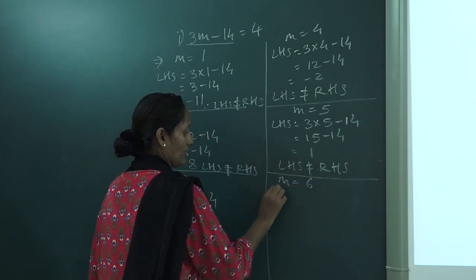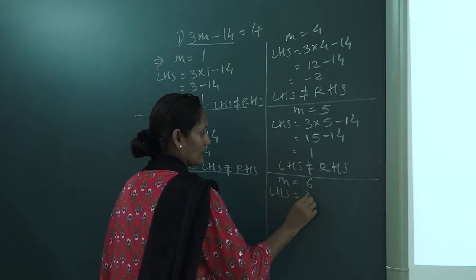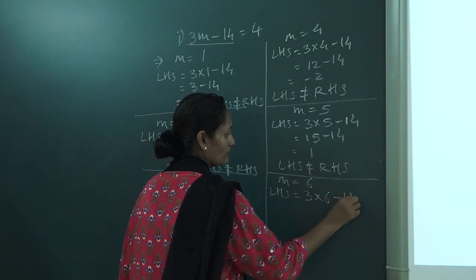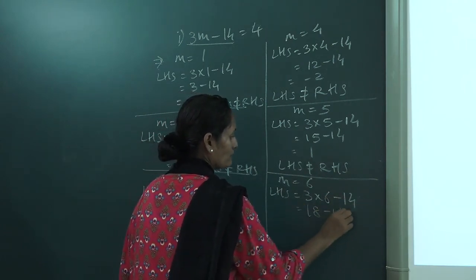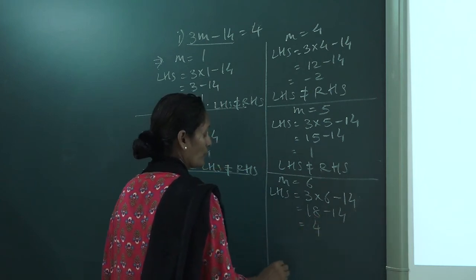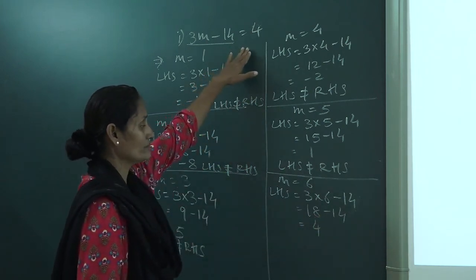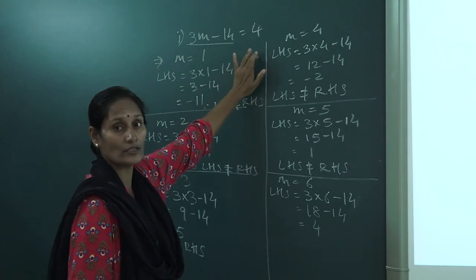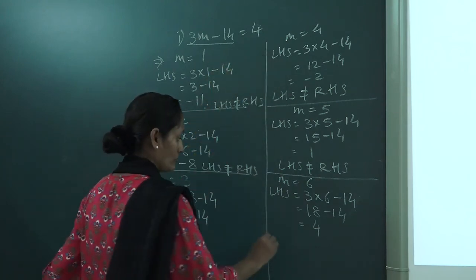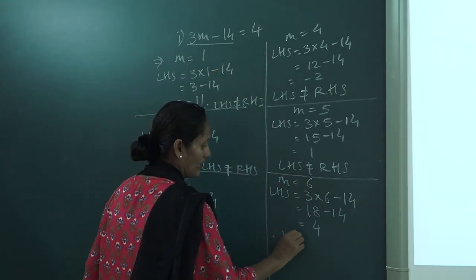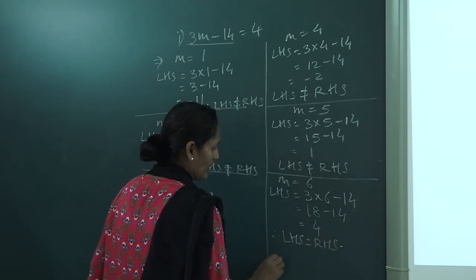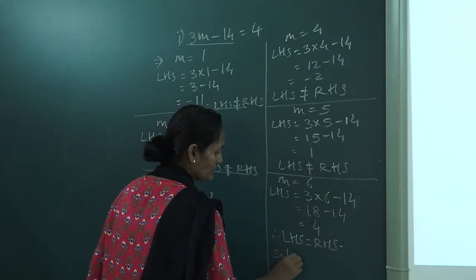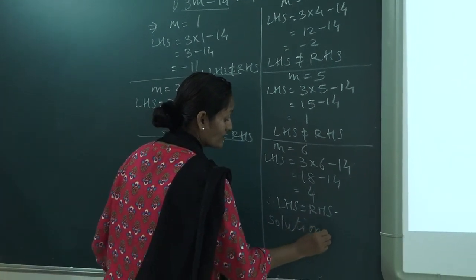Now 6. LHS: 3 into 6 minus 14. 3 sixes are 18, minus 14. So what will you get? 4. Yes, we got 4 and here is also 4. So therefore LHS equals RHS and the solution is the answer.